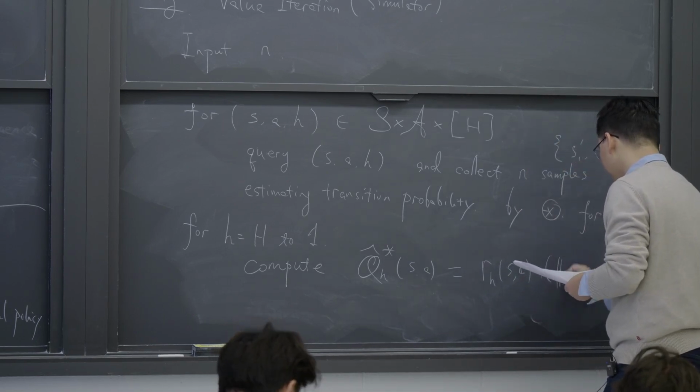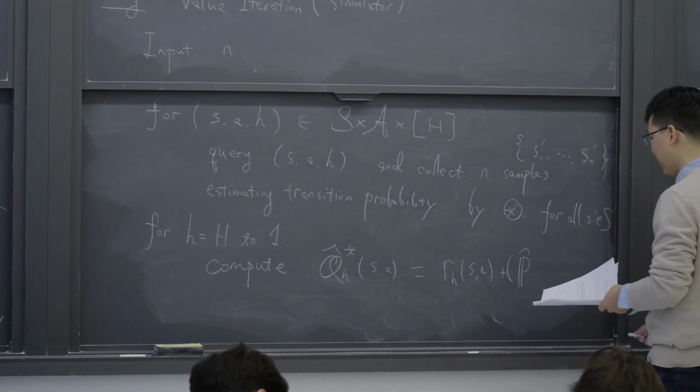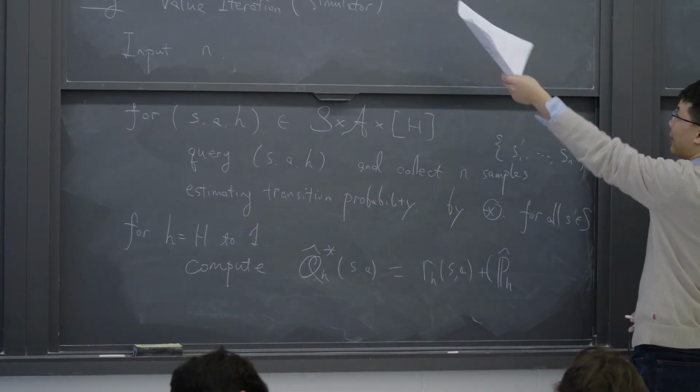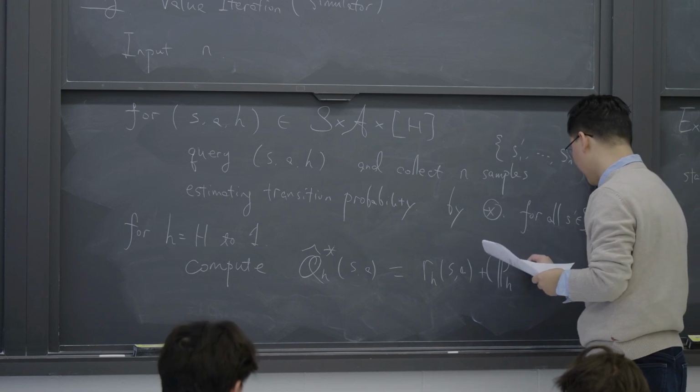The only difference to the original Bellman optimality equation is now we no longer have access to the P, so we will use the P hat, our estimate, to replace P in the Bellman optimality equation.